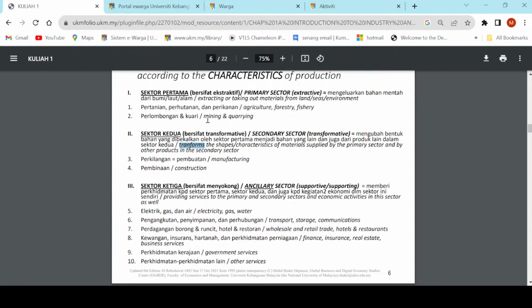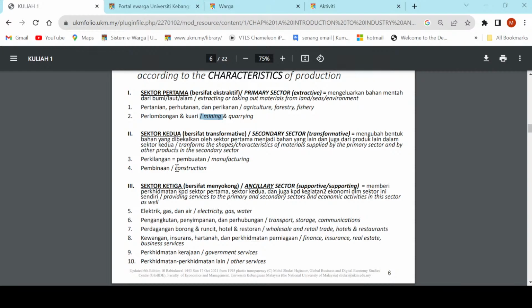So manufacturing as well as construction are considered as the secondary sector, which is the second that comes in the process.